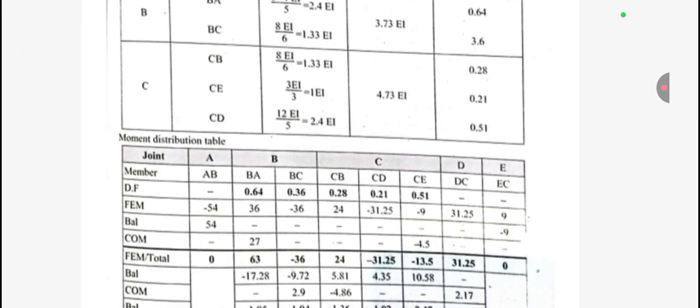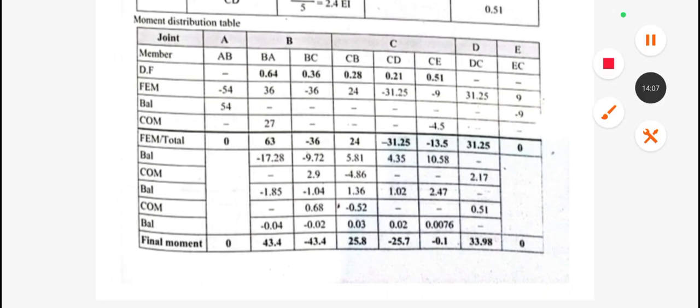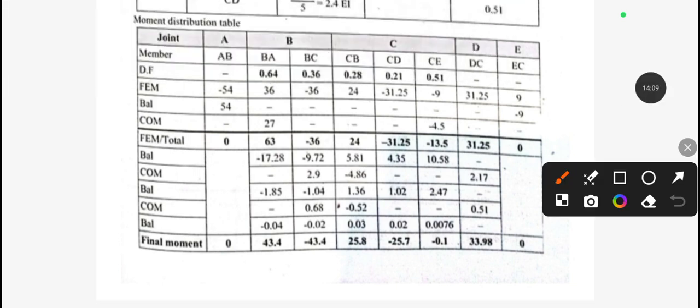You can see here, this will be our distribution factor 1, and E to C will also be 1 because this is the hinge, and this is 0. For B, A, B, C, all the values we have calculated, we put over here. The fixed end moments we have already calculated, so we just put the values. For AB 54, this, and all the respective values we just need to put.